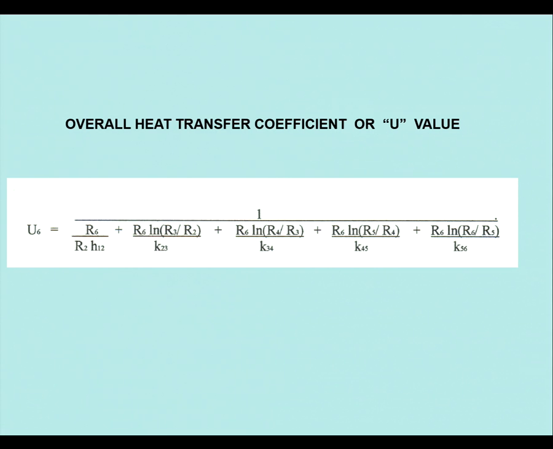Be surprised how many people have spent thousands and thousands of pounds doing engineering reports and got these two things mixed up. This is the U value, it's in watts per meter squared K. So what it is, it's the amount of heat in watts coming out from a pipe per unit surface area for every degree of temperature.